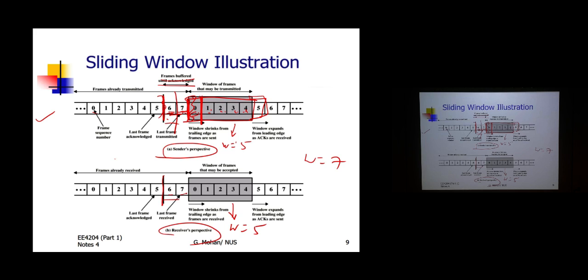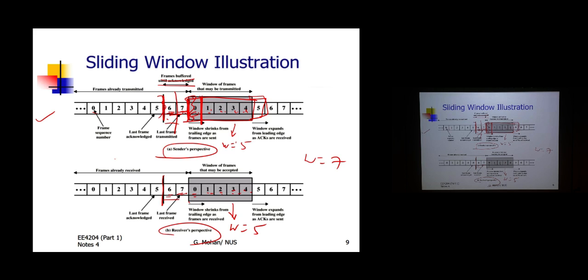This indicates that frames 6 and 7 were received, but the acknowledgements were not yet sent. All the numbers inside the window, 0, 1, 2, 3, 4, are the frame numbers which could be received from the sender. Even if it does not send the acknowledgement, it can expect 0, 1, 2, 3, 4.